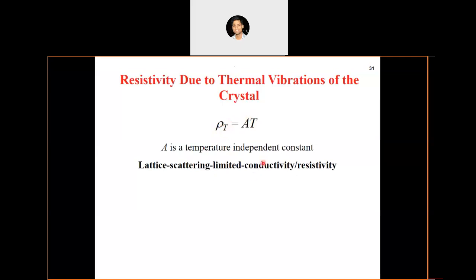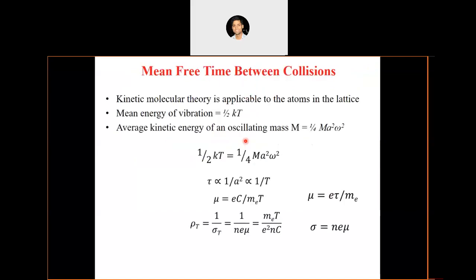And in this case, we have considered only the scattering events because of the atomic vibrations. We did not consider so far any other scattering sources, for example defects or impurities; we completely neglected them. We have only considered the scattering which is happening because of the atomic vibrations.